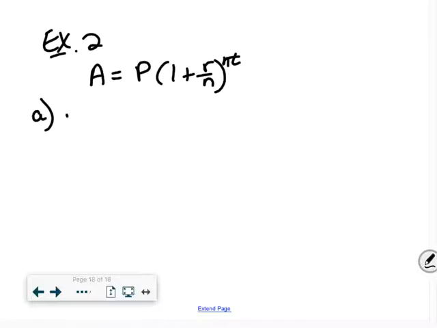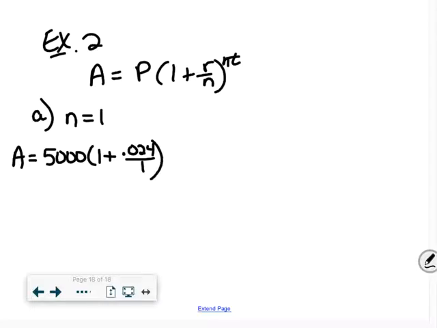Letter A is annually. So that means N is 1. I'm going to do the first one with you and then ask you to do B and C on your own. So the initial amount invested is $5,000. The interest rate as a decimal is 0.024. Annually is 1. And then the exponent is 1 times 5.